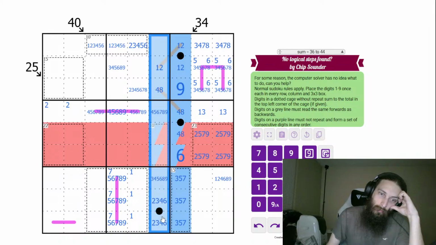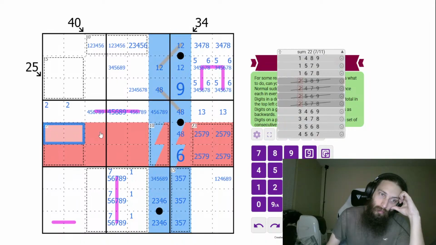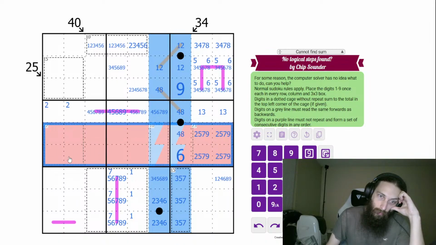Because we know the sums of the columns and the rows are the same.